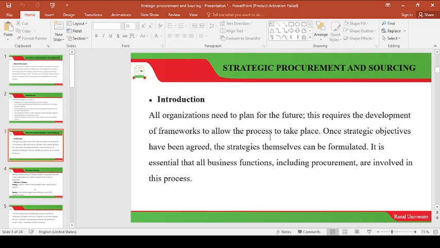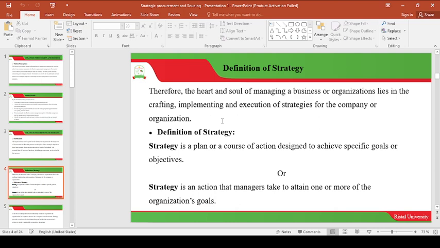So when formulating these strategies, it is better for businesses, organizations to include the procurement function in setting these strategies. So therefore, the heart and soul of managing a business or organization lies in the crafting, implementing, and executing of strategies for the company or organization.